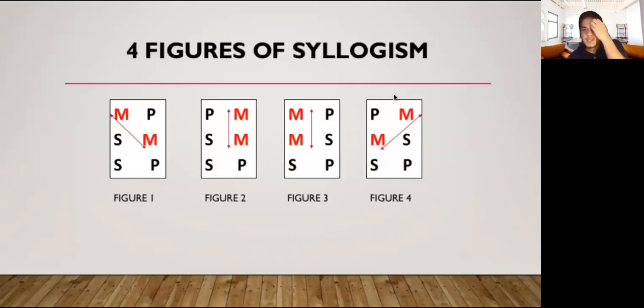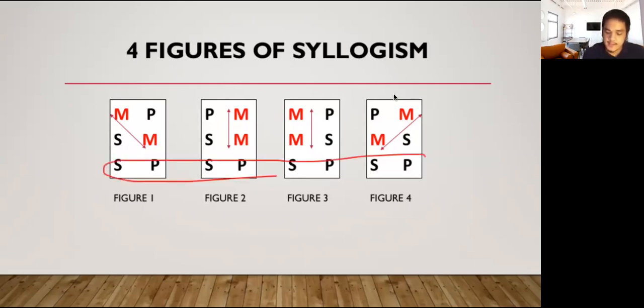shows us the different positions of the middle term in all possible combinations. Take note that, as I mentioned in our earlier discussions, the conclusion always has SP, and it doesn't change.